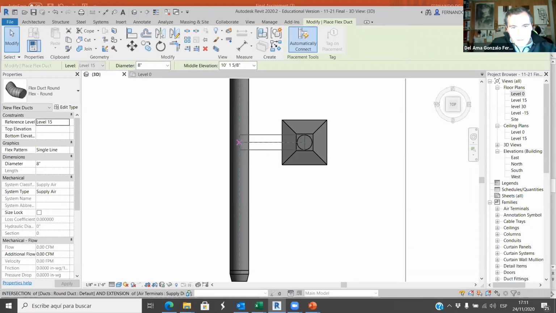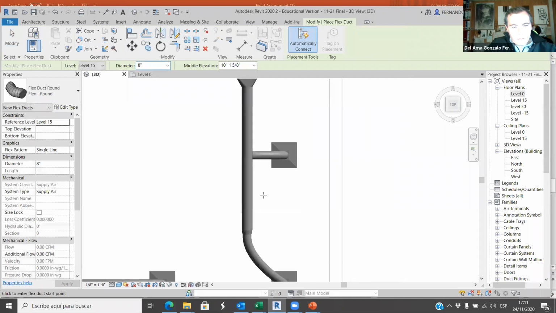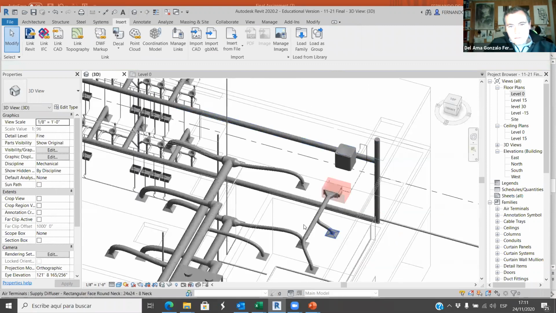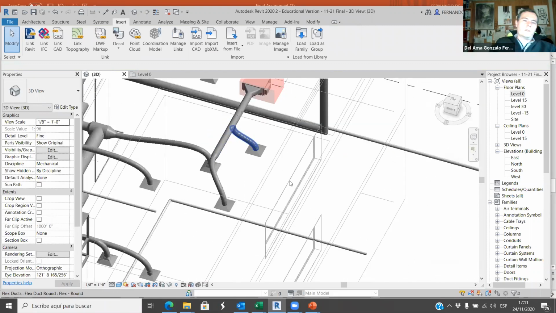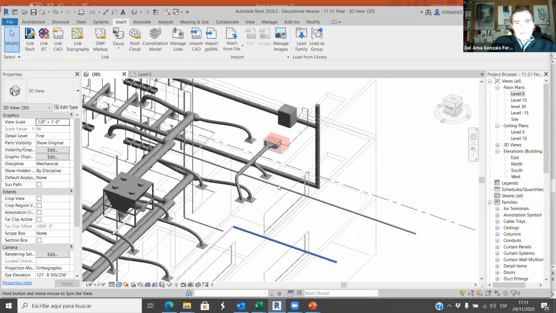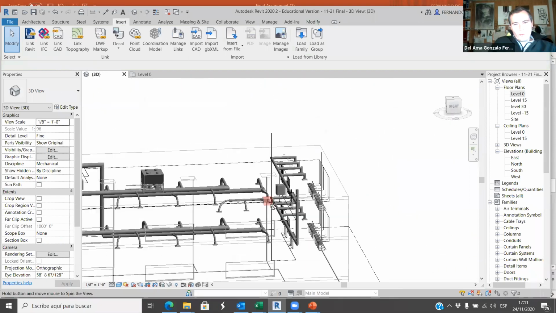Flex duct. Okay, works. Okay, so this is the last thing we needed.